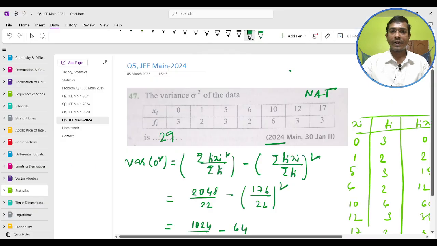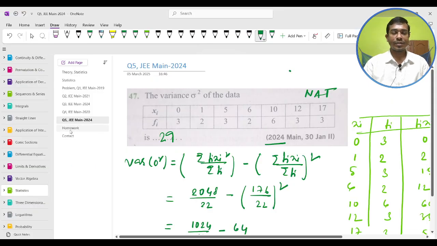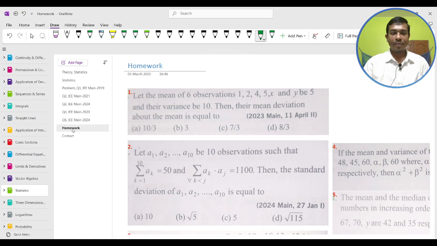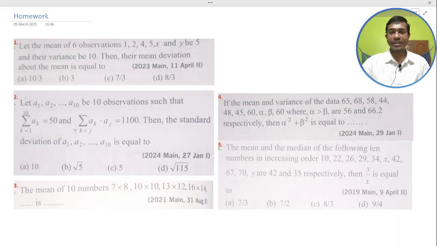So let us solve the 5 important questions from JEE Main and Advanced. For your better concept, practice and understanding, I usually give you another 5 important questions from JEE Main and Advanced. You just pause this video and take a screenshot of the another 5 questions very quickly.